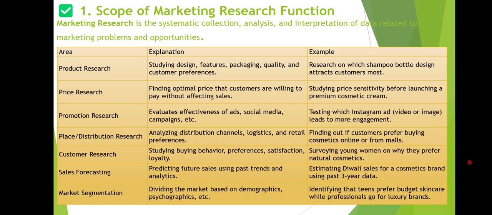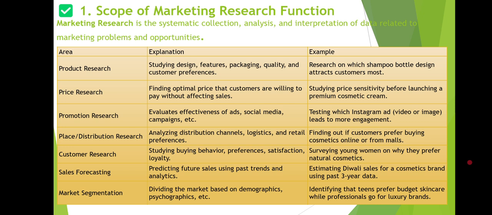Other area we have customer research, where we study buying behavior, preferences, satisfaction and loyalty. For example, surveying young women on why they prefer natural cosmetic products rather than chemical cosmetic products. Next area we have sales forecasting. We can also do research to forecast sales, where we basically predict future sales using past trends and analytics.